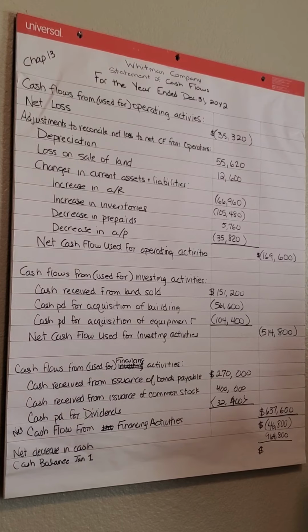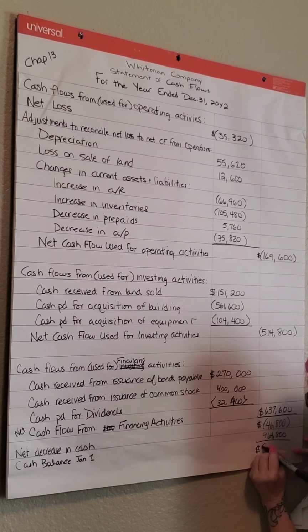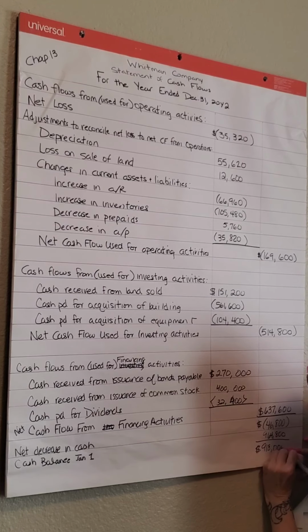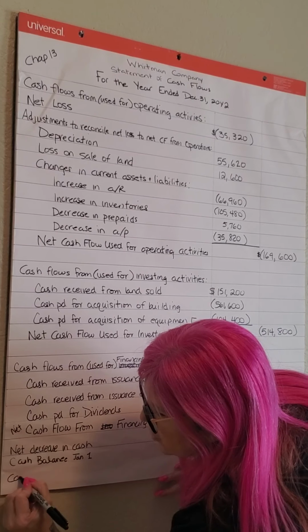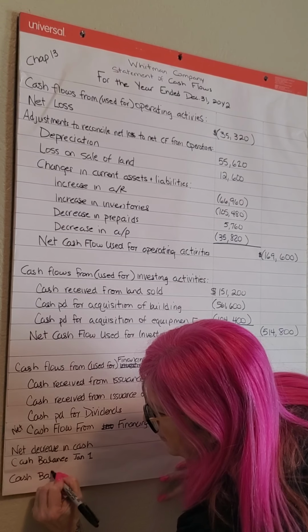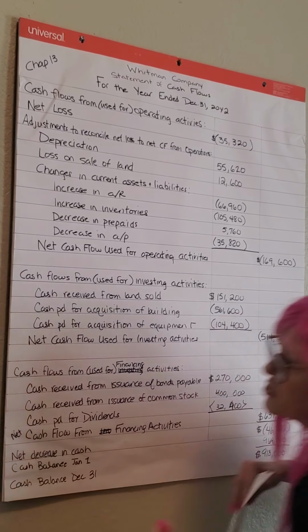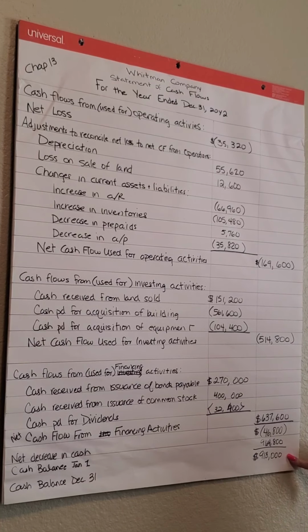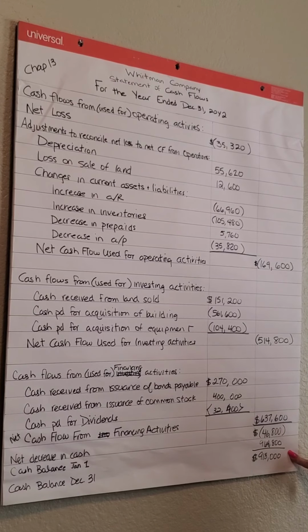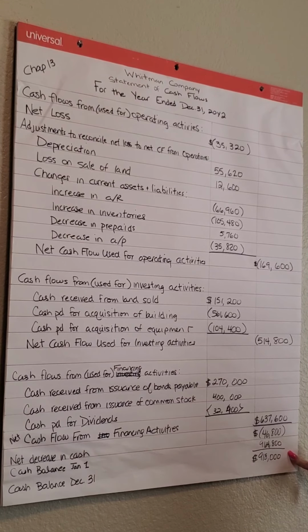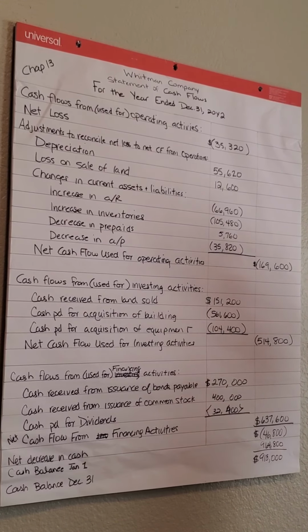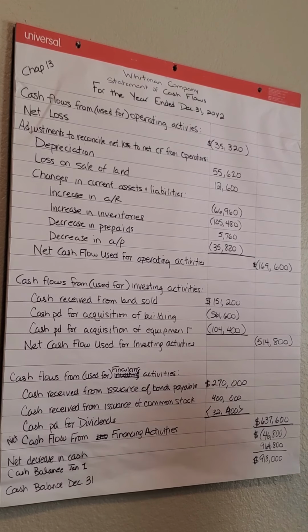We get a balance on December 31st of $918,000, and that's our cash balance. December 31st, which is the amount that we would include on the balance sheet as we see in the comparative balance sheets. And that's how you do an indirect statement of cash flows.